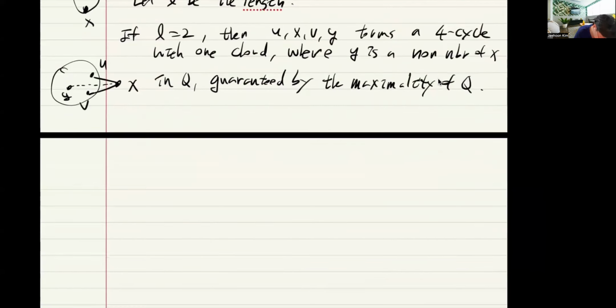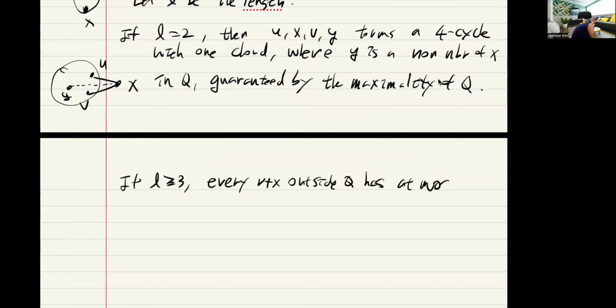Otherwise, what do we know? If L is at least 3, we know that every vertex outside Q has at most one neighbor in Q. Because how did we choose?